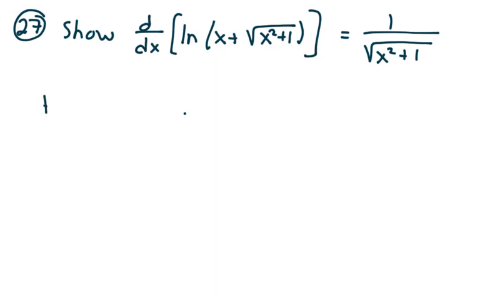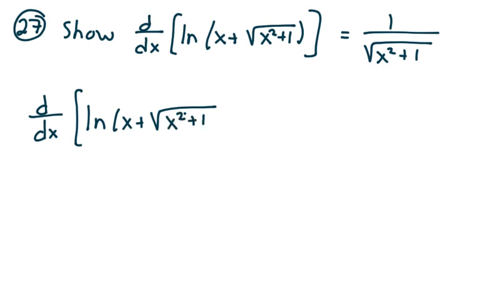So we're going to start with the derivative of natural log of x plus the square root of x squared plus 1 with respect to x. And we're going to apply the chain rule.